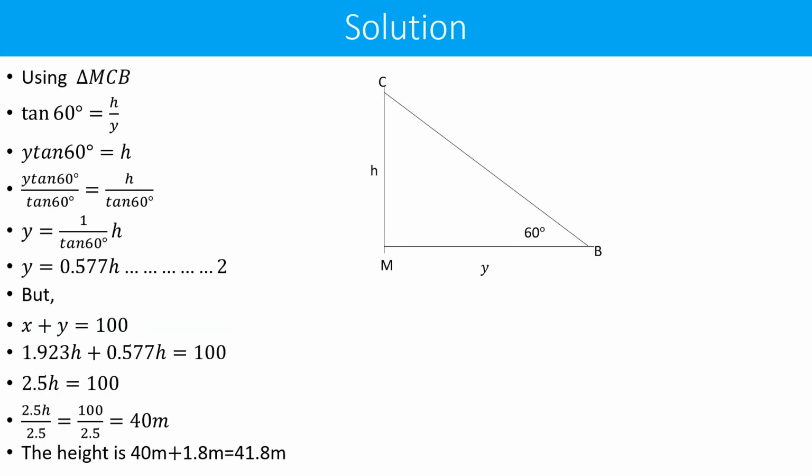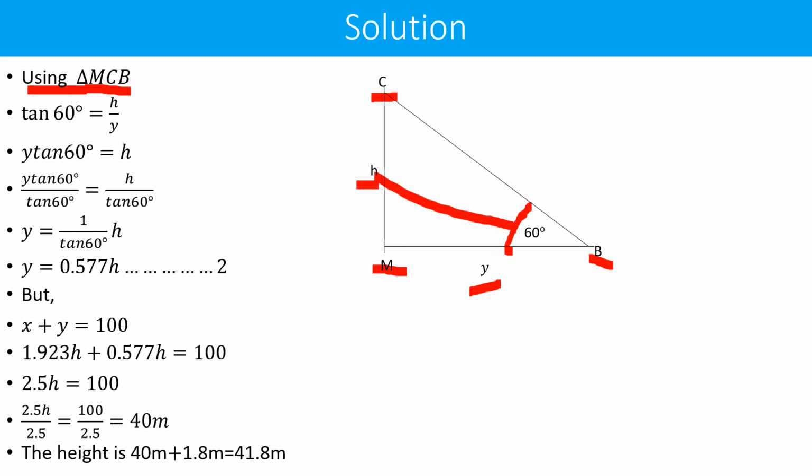Then move to the other side of the triangle, using triangle MCB. The same height is here, but MB is Y, and the angle here is 60. Opposite angle is H, so here is adjacent.